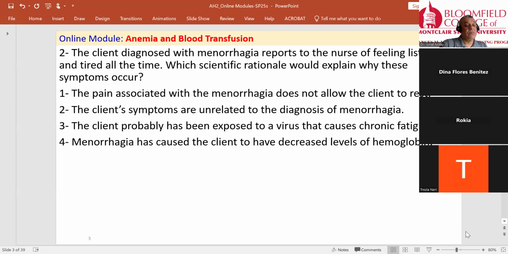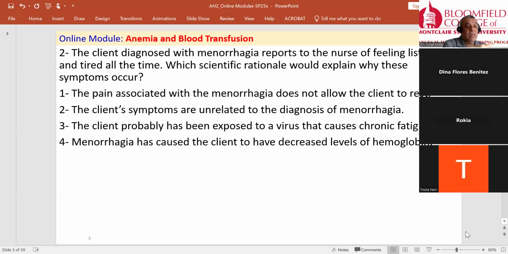Is this number 4? Number 4, right? That's correct. So if the blood loss is severe, then the client will have a drop in O2 sat, and the most frequent symptom and complication of anemia is fatigue.